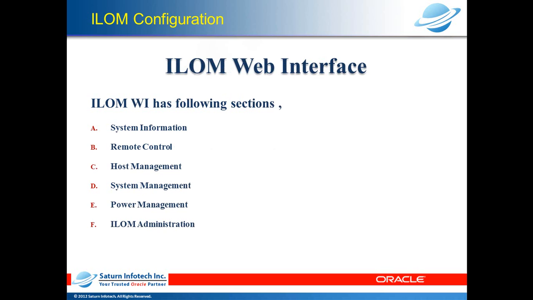If you log in through a browser, imagine that on the left side you have the header and then the information underneath it. So as mentioned in the previous slide, system information, remote control, host management, system management, power management, and ILOM administration can be achieved through the web interface.